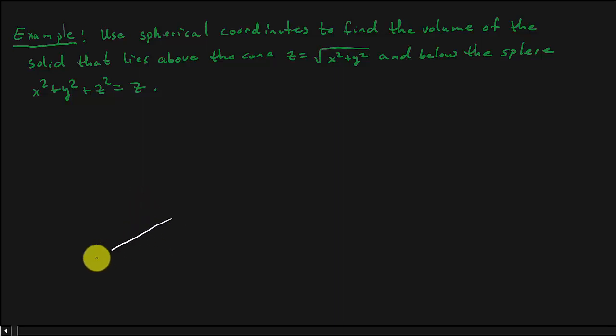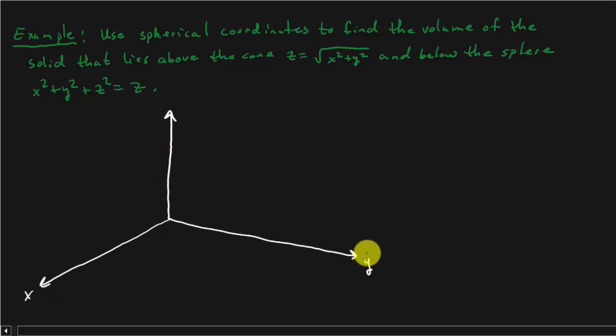So we've got x-axis, y-axis, z-axis, x, y, and z. All right, so the cone here, we know that's just the top half of the cone, okay?